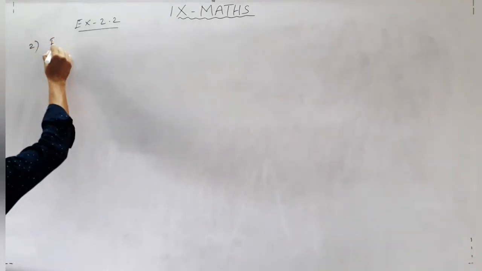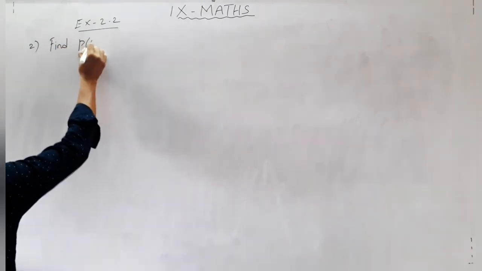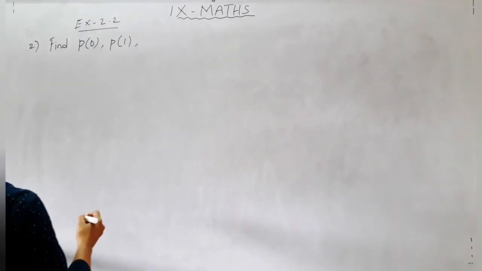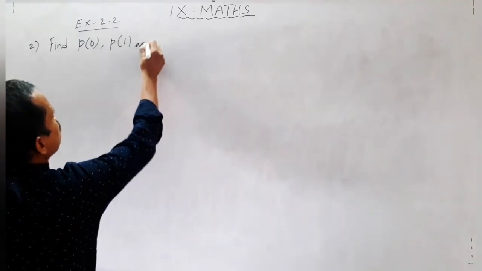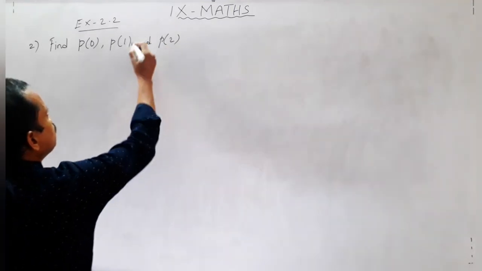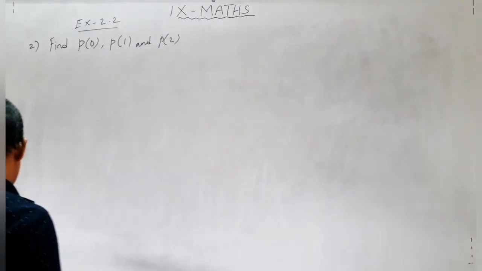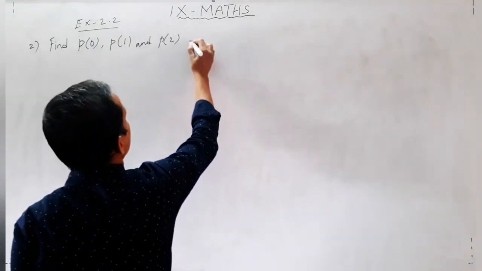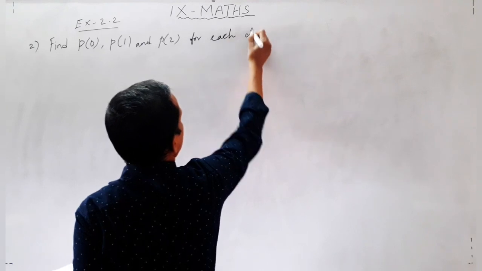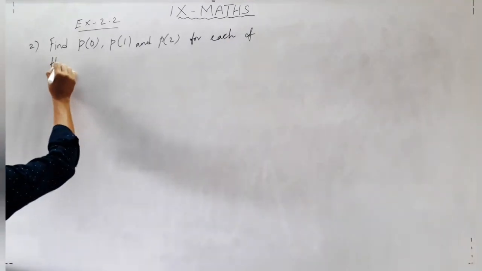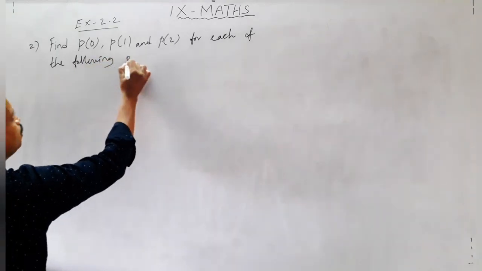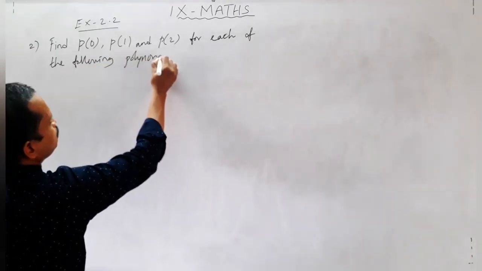Find p of 0, p of 1 and p of 2 for each of the following polynomials.